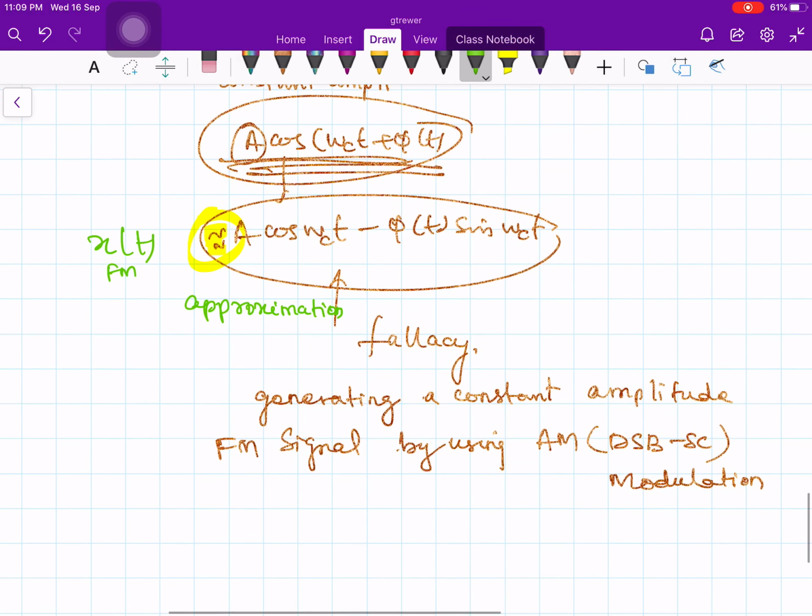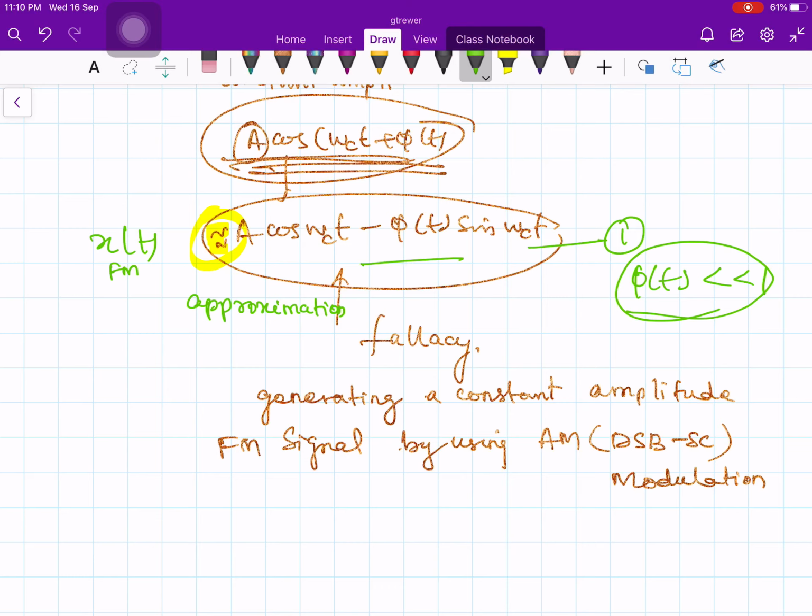As long as this condition is satisfied, this equation 1 will tend to have nearly constant amplitude. So I cannot say it's a constant amplitude. There could be some small amplitude variations of minor margin.